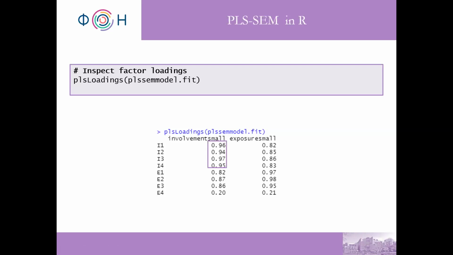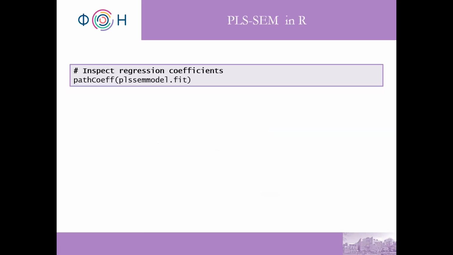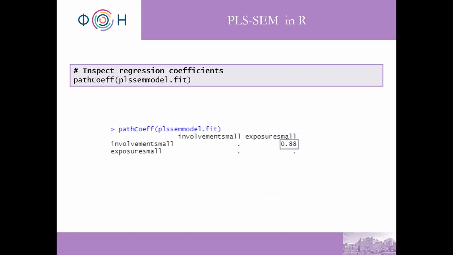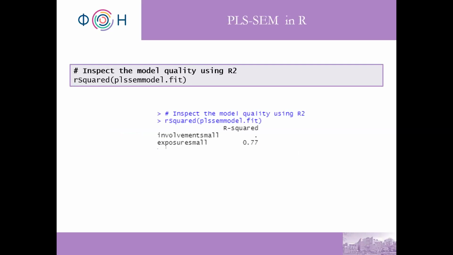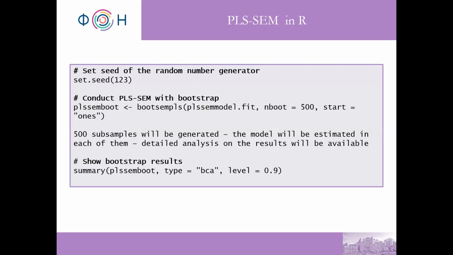So we can see that the first 4 are in the involvement, the second 4 are in the exposure, so everything is fine. Here is our path coefficient. As you can see, we just obtained a path coefficient without its significance level. To obtain its significance level, we have to do bootstrapping.